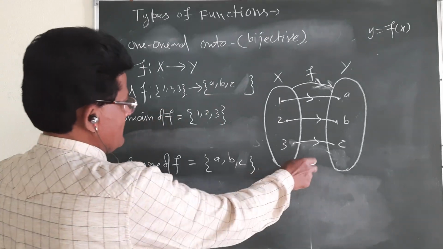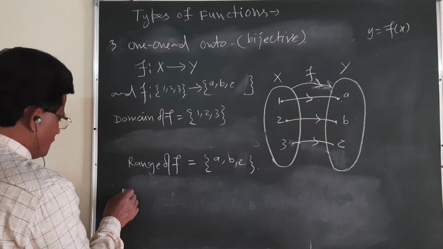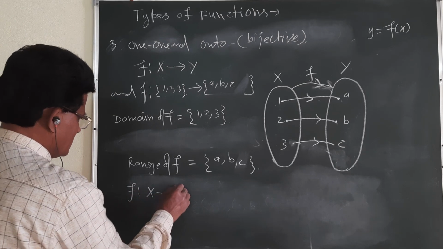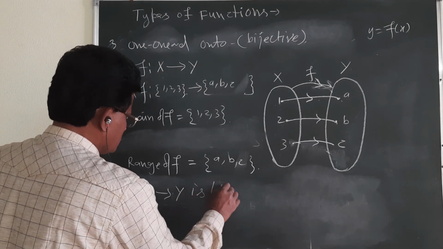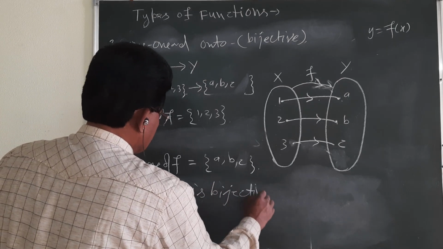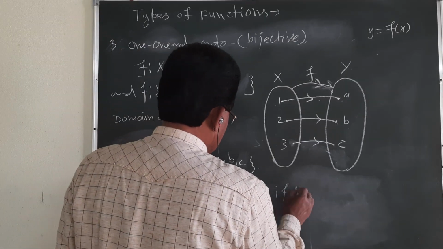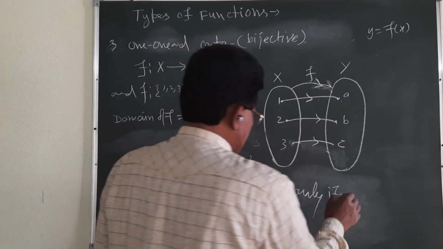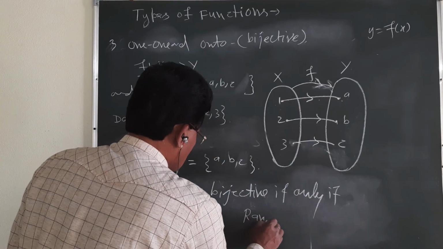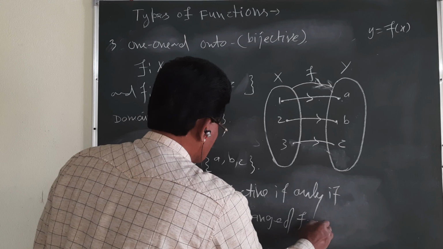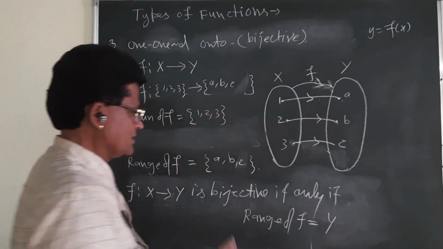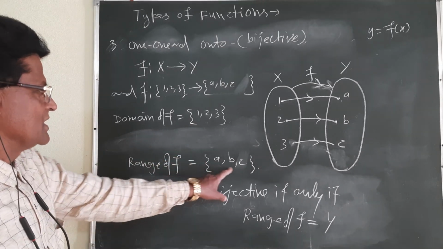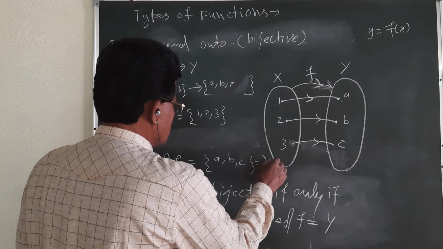Here I am going to give the definition: a function from x to y is bijective if and only if the range of f is equal to the set y.